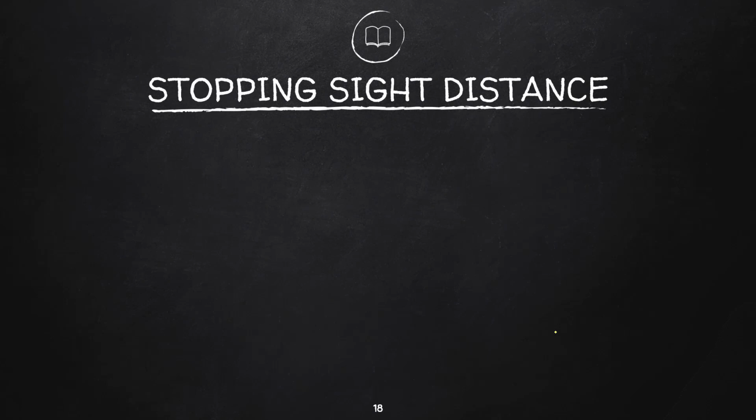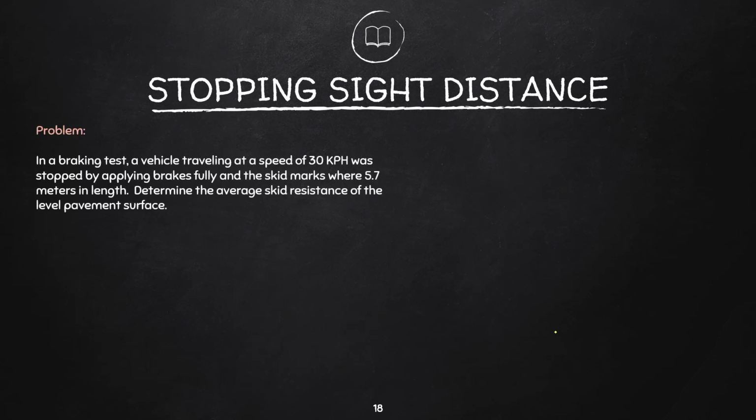Okay, another problem. We have here, in a braking test, a vehicle traveling at a speed of 30 kph was stopped by applying brakes fully, and the skid marks were 5.7 meters in length. Find the average skid resistance of the level pavement surface. So if that is level pavement, we have a grade equal to 0.